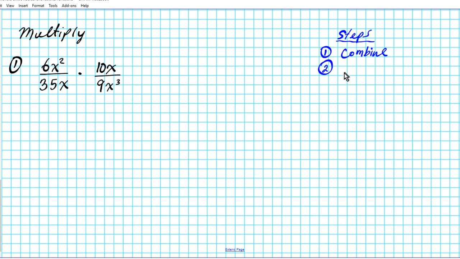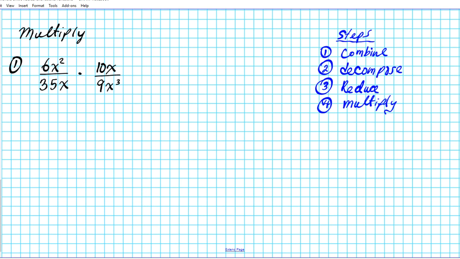After combining, writing the numerator and the denominator as a combined product, we're going to decompose the composite parts of the numerator and denominator factors. After decomposing, the goal is to identify reducible factors. So step 3, as you would expect, is to reduce, or divide out common factors. And then lastly, we'll simply multiply, and that will yield our final result.